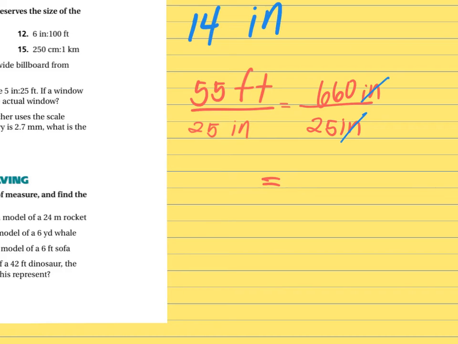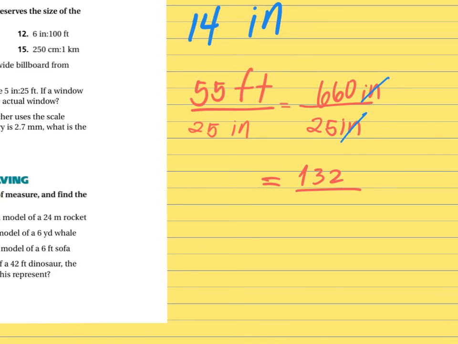We can do it with 25, but it will give us a decimal, and I'd rather not to use decimals. In this case, both numbers, because of divisibility rules, we know that 660 and 25 are both divisible by 5. So then 660 divided by 5 will give us 132.